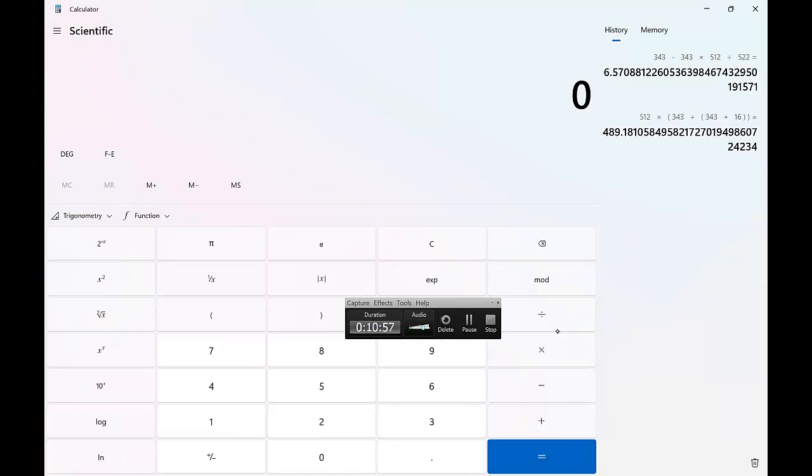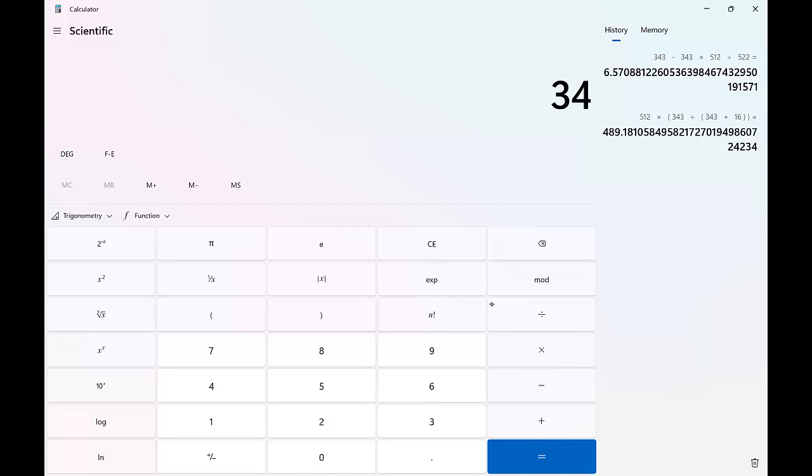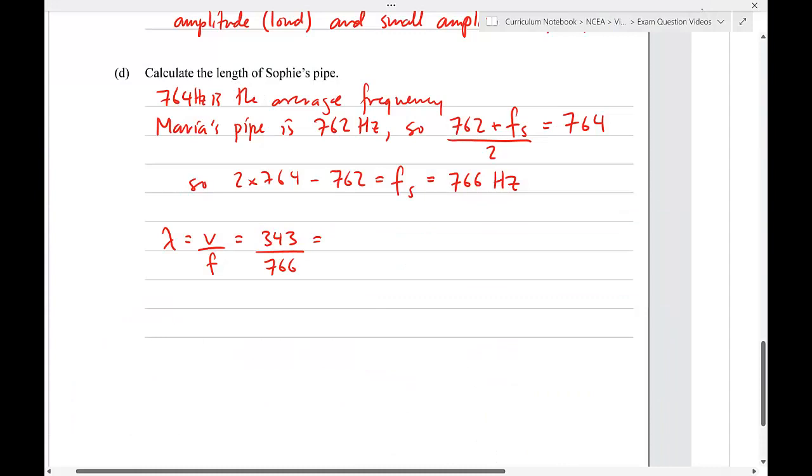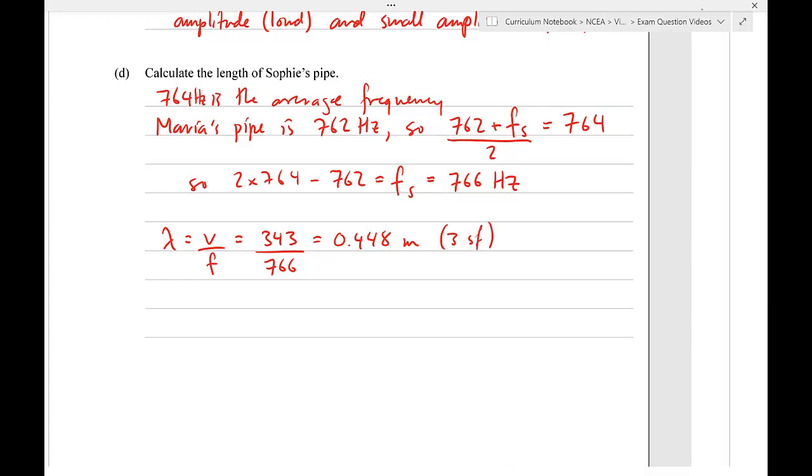It's that long thing. 0.448 meters. This is only to 3 significant figures, but we'll use the unrounded number in our next calculation.